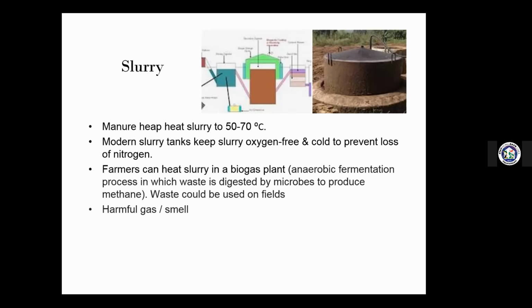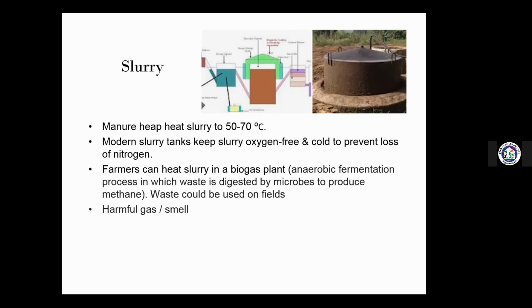Now, if we think about the old way that manure was kept, it was kept in a huge heap. When it was in a heap and you would open it up and feel the temperature, it could go up to 70 degrees centigrade. And this effect actually killed a lot of bacteria.